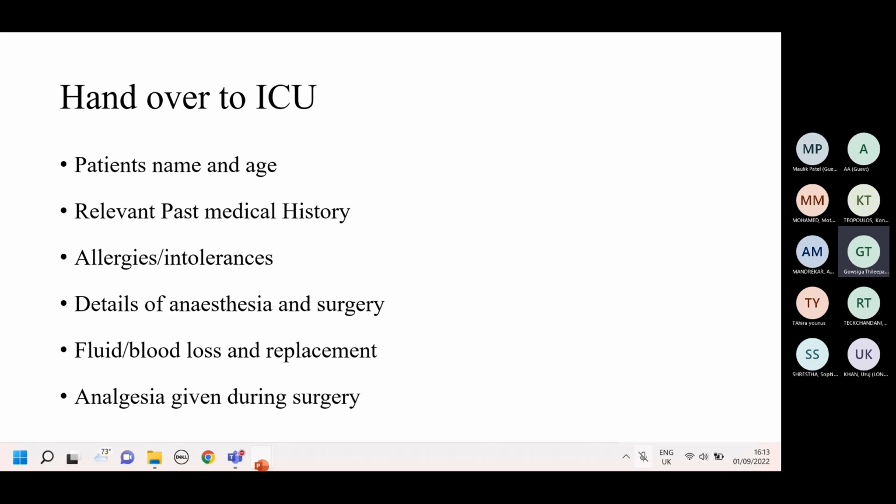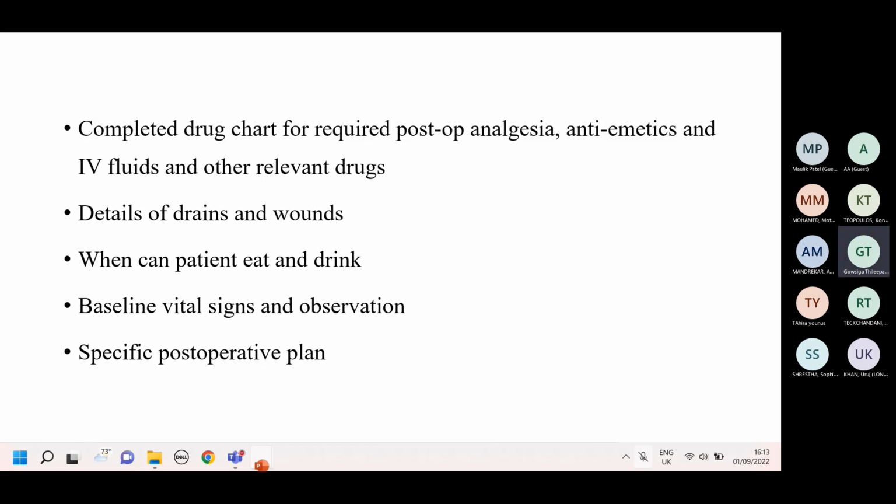It's a must to ask about analgesia given during surgery. There should be a completed chart for required post-op analgesia, antiemetics, IV fluids and other relevant drugs.